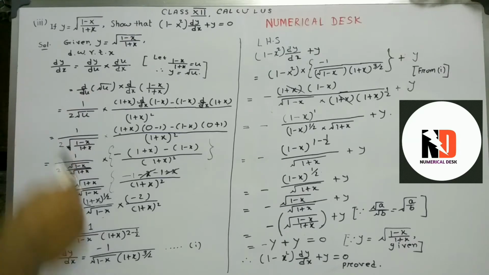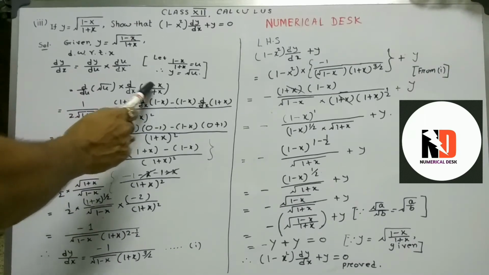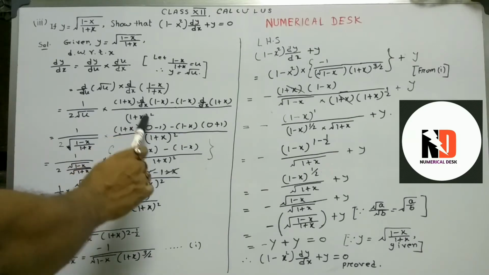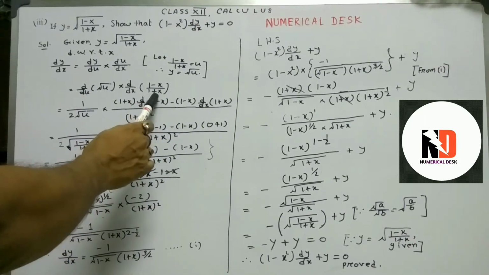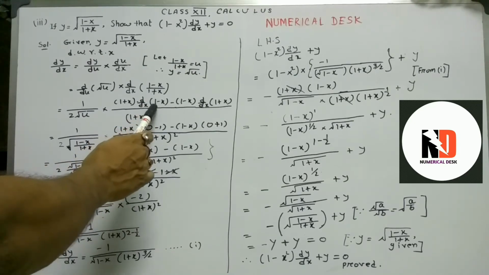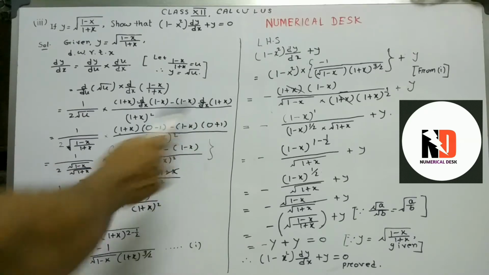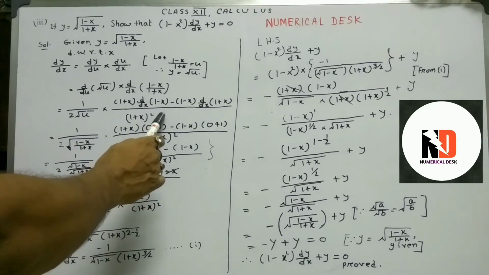So it is used, and the quotient rule is followed, because it is in u by v form. So 1 plus x is constant in the denominator, and the denominator is the whole square. Okay, this is very easy. So the quotient rule is followed there. You know this quotient rule.